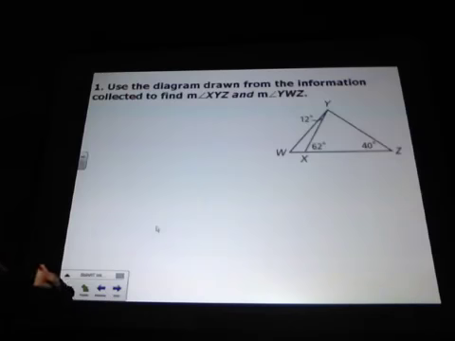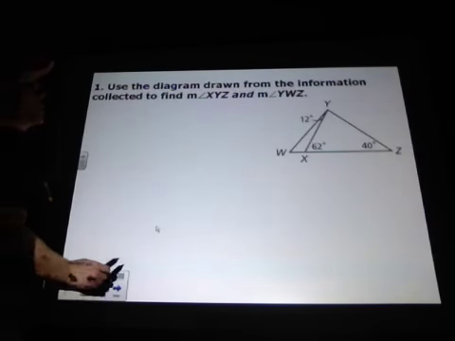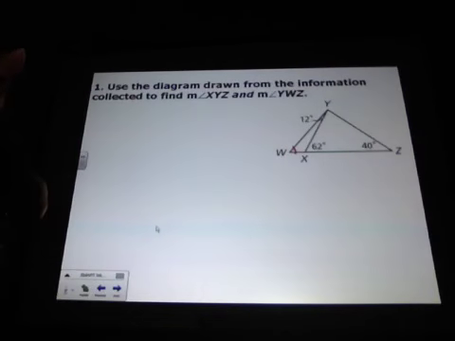All right, now let's find the other angle measure we're looking for. We're looking for YWZ. YWZ. This angle right here.